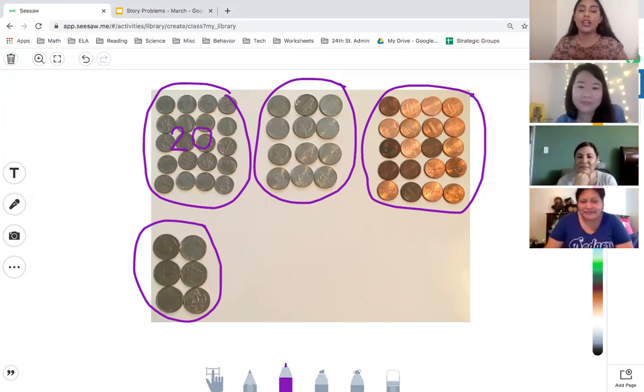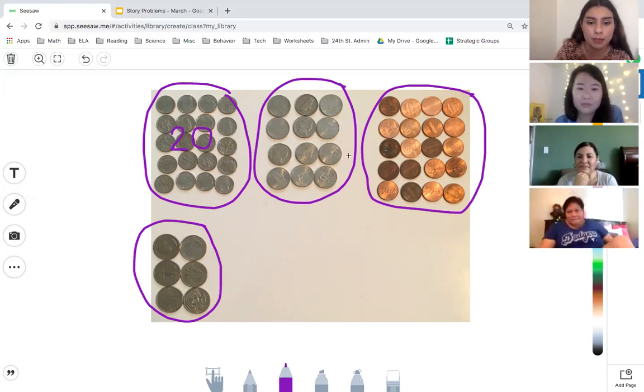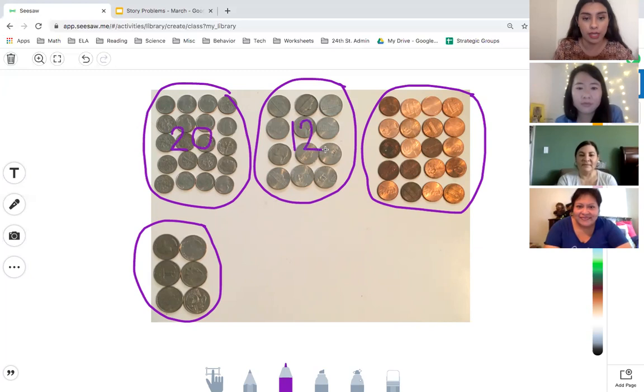So now I'm going to move on to my nickels. So I have 3 in a row, 3 and 3 is 6. And then 6 plus 3 more is 9, and 9 plus 3 more is 12. So I have 12 nickels, okay? And so now I need to look at these pennies.